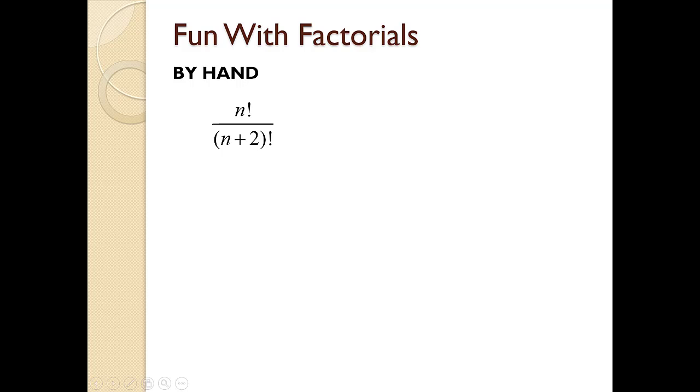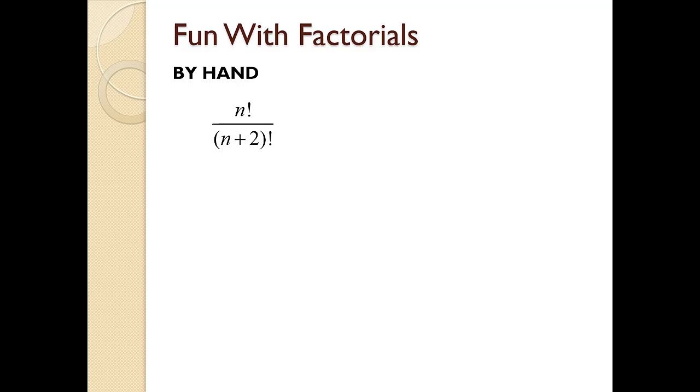Now, you're going to need to do the exact same thing with variables. So let's try one. If you see n factorial divided by n plus 2 factorial, now think when you expand n plus 2 factorial, the first term is n plus 2 times 1 integer less. So if you start with n plus 2 and go 1 integer less, that would be represented by n plus 1. And the next integer below that would be n.